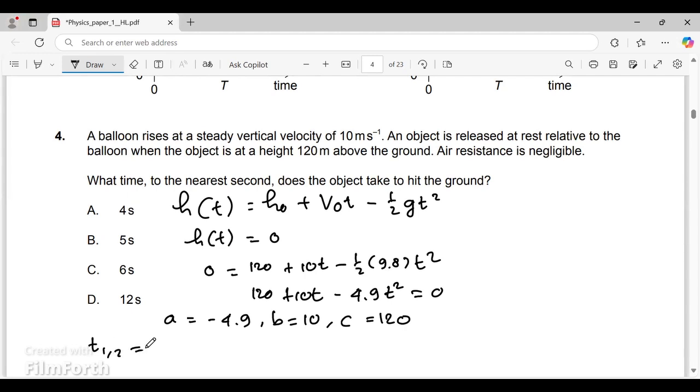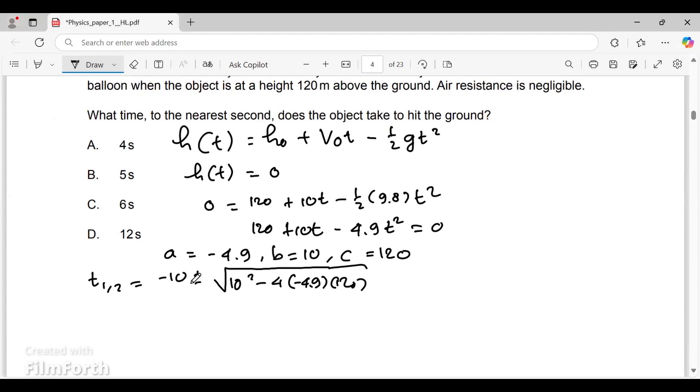t1 and t2 equal minus 10 plus or minus the square root of 10 squared minus 4 times minus 4.9 times 120, divided by 2 times minus 4.9.